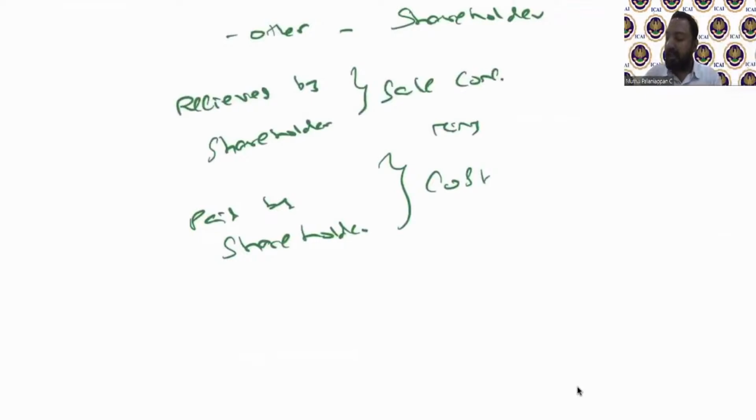So sale minus cost will result in a negative number. It is not a capital gain, it is a loss from capital gain. So there will be no capital gain, but a capital loss still needs to be reported under capital gain. It's like profits and gains, both profit and loss are covered there.